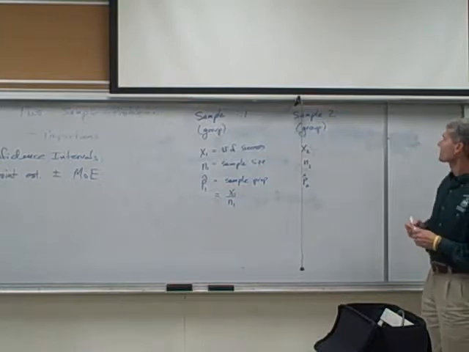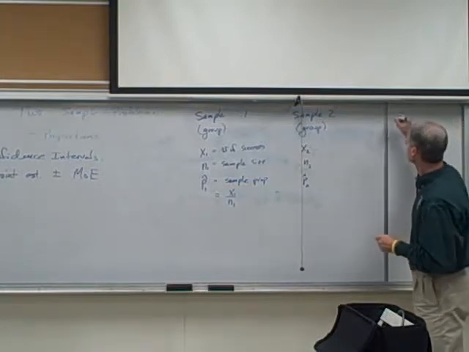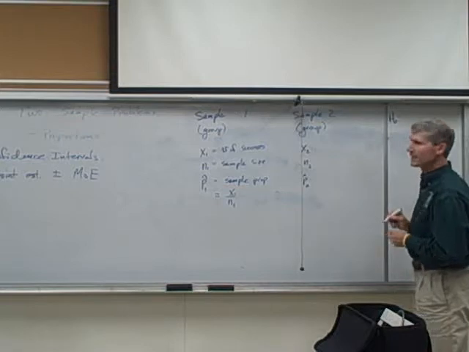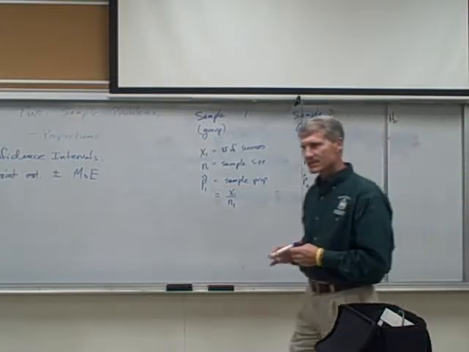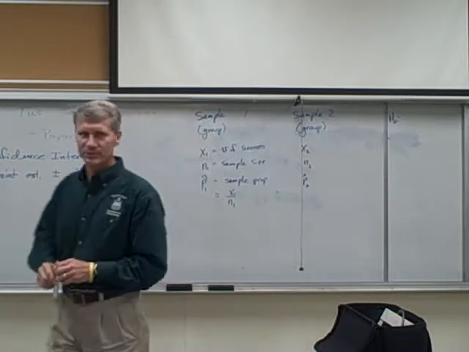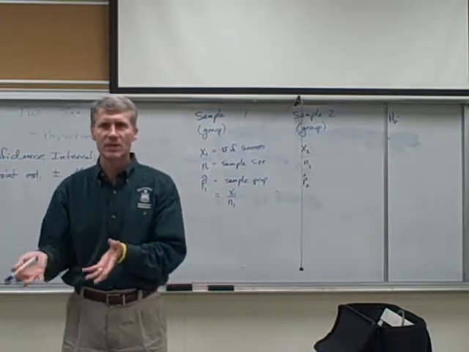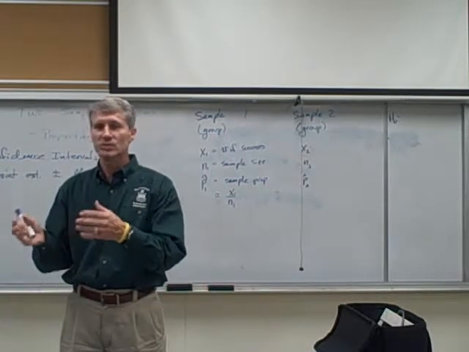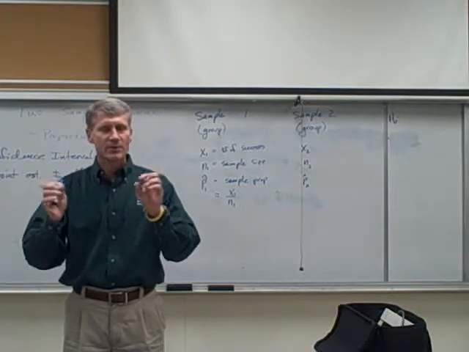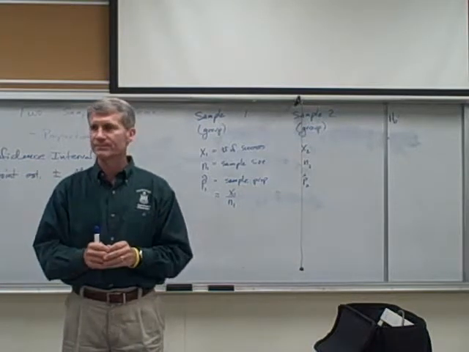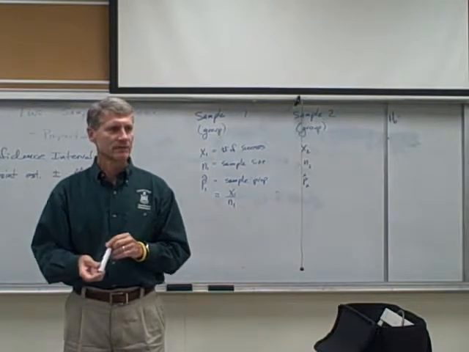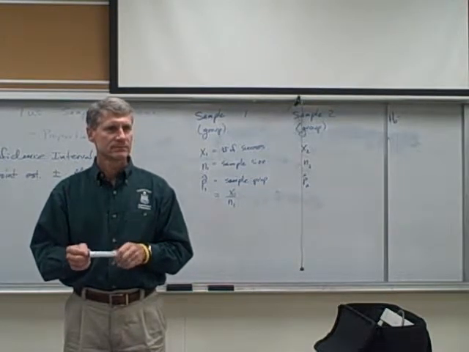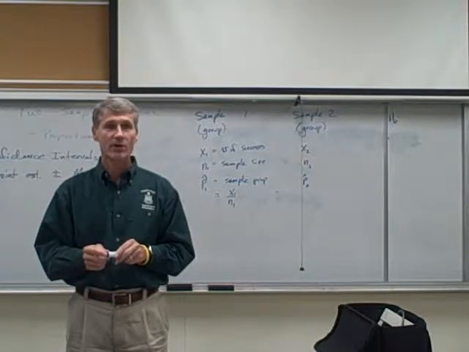Now for hypothesis testing, because we're doing both today, remember? If I want to do a test about the proportions from two samples, I already said what I'm interested in is whether or not those two proportions are the same. So what would the null hypothesis be? That they are the same, right?